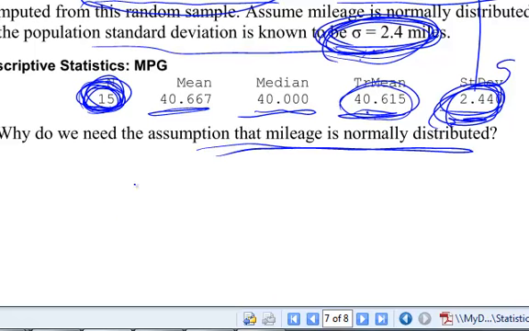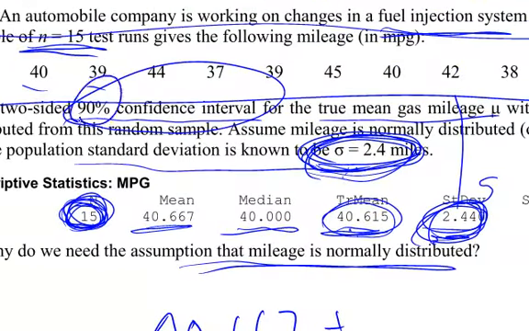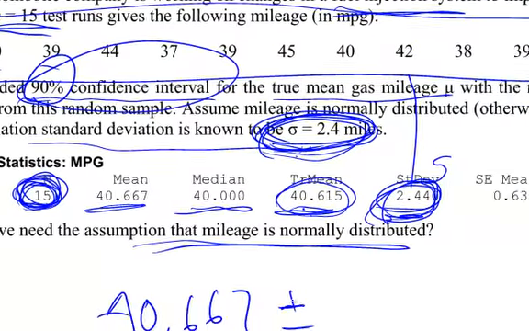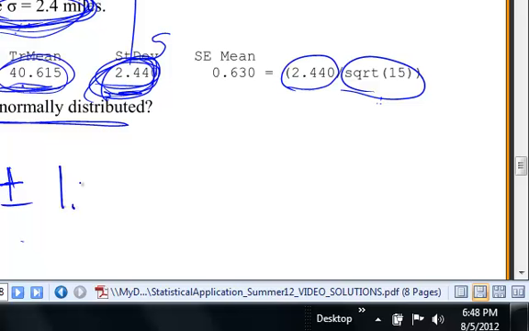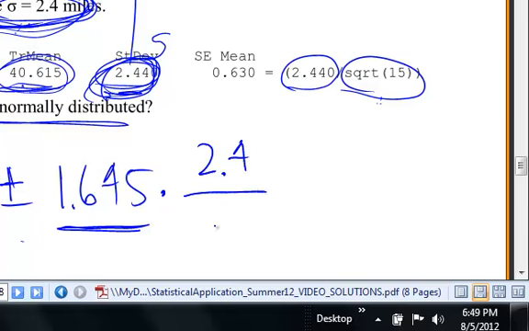So our confidence interval is the mean, 40.667, plus or minus. I'm building a 90%, and eventually maybe these numbers will start to stick. I don't want to say you'll think about them in your sleep, but you kind of start to. So this is for 90%, times 2.4 divided by the square root of 15.